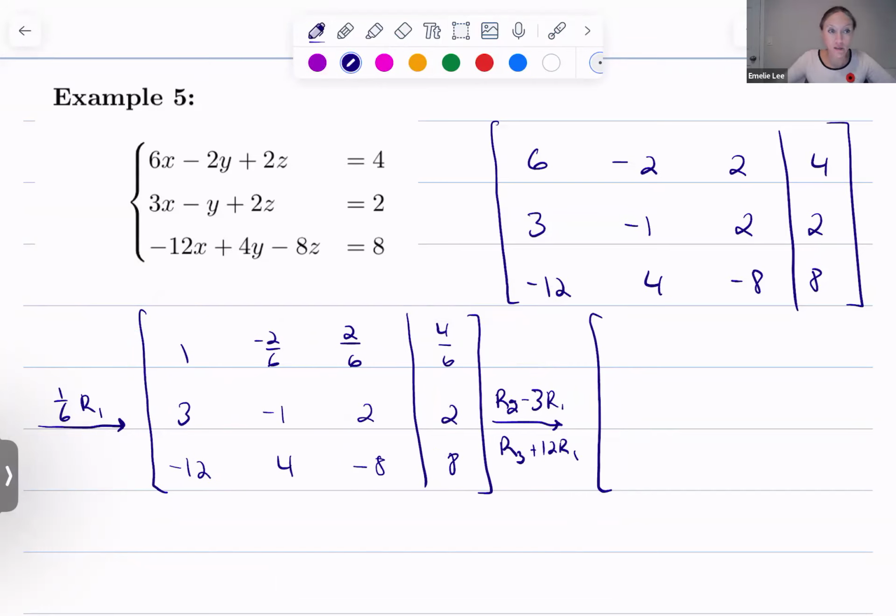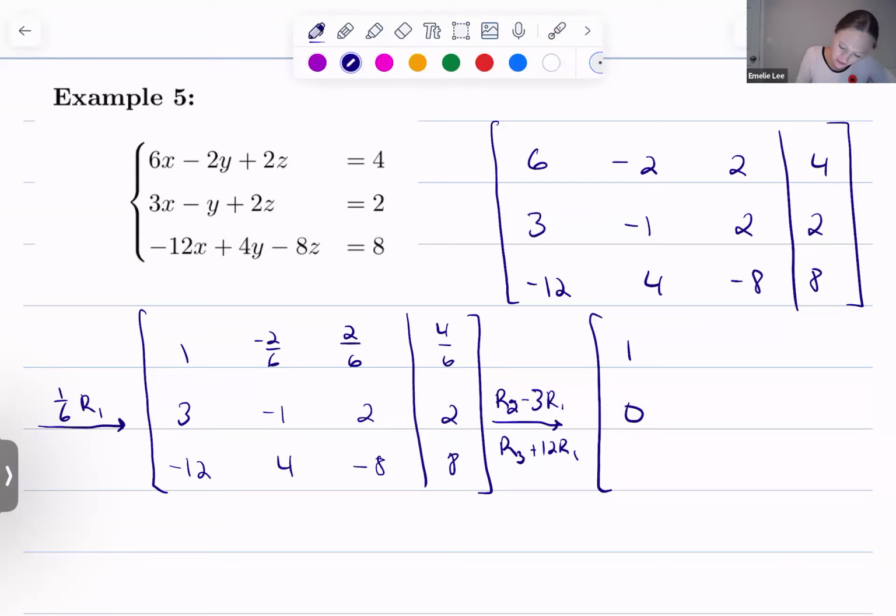3 minus 3 makes 0. I'll write out row 1. Let's simplify -2/6 because I'm multiplying by 3. You don't have to, but you can.